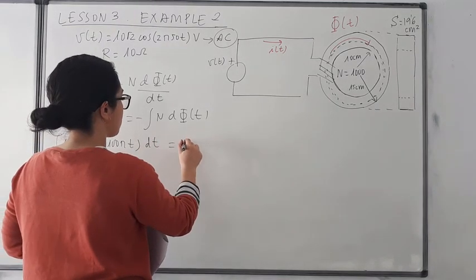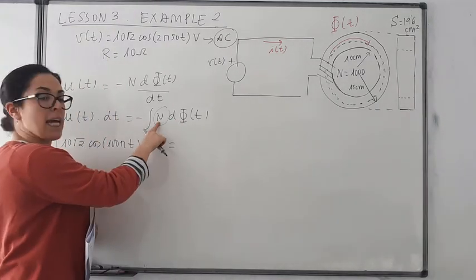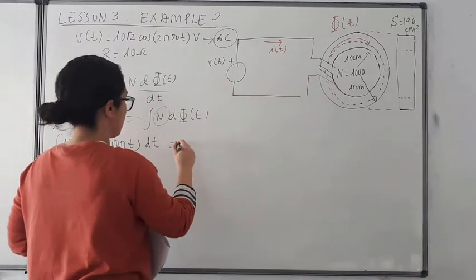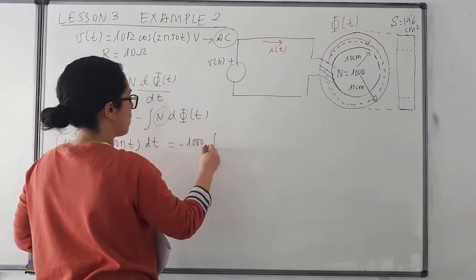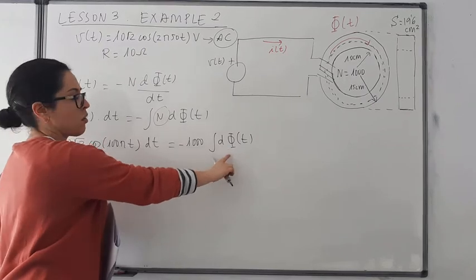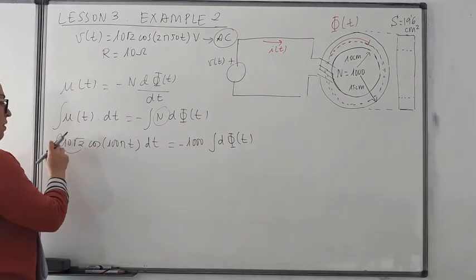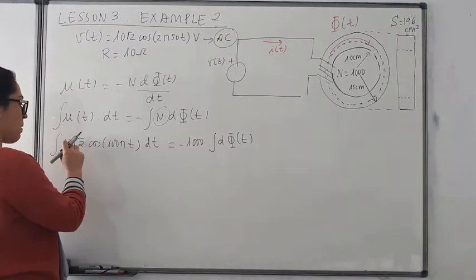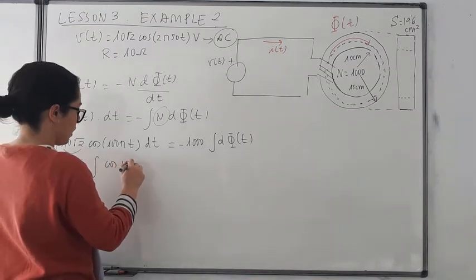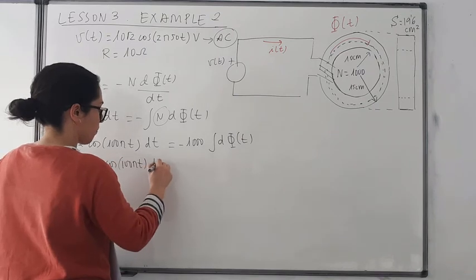And on the other side you can extract N from the integral because it is a constant, the number of turns, so minus 1000, and you have the integral of the differential of the magnetic flux. You can extract this from the integral because it is constant, and you are going to have this integral here.